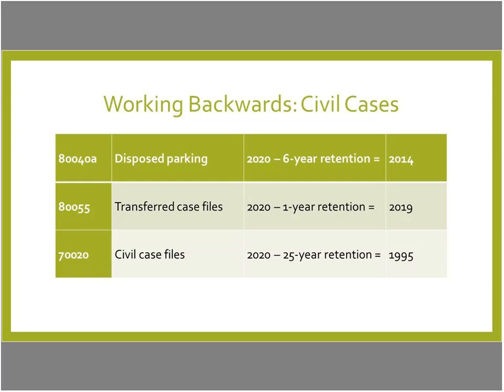So we have the schedule item numbers on the left-hand side. In the next column we have the series title, and in the third column we have our figuring, which gives us the date to which we can throw away records. It means we can throw away records from 2014 back. That's what we know, and this is a good way to figure everything out.